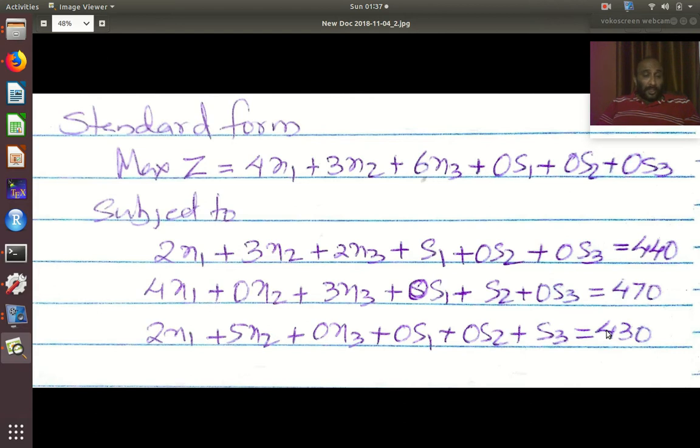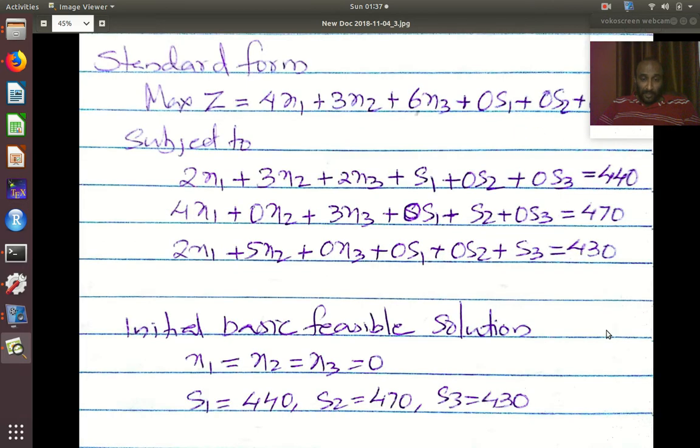After writing this standard form we can find an initial basic feasible solution. We have only three equations, so three variables will be basic and the rest non-basic. To find the initial basic solution, we put x1, x2 and x3 equal to 0.